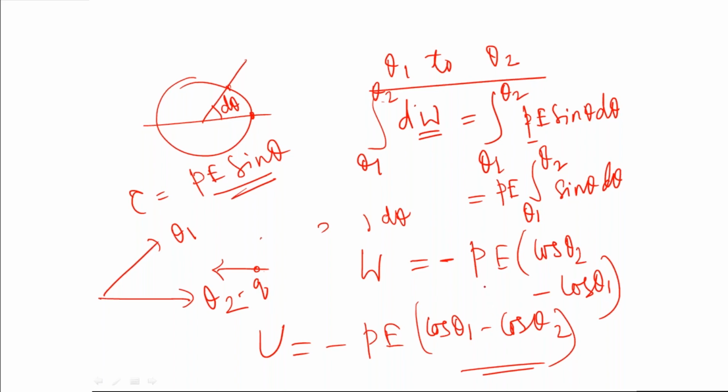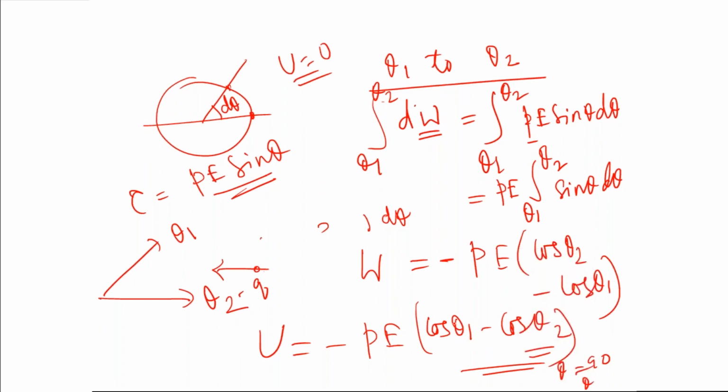So in this case, suppose my reference point theta 2 is 90 degree, then my cos theta 2 will be 0. Okay, and theta 1 I take as, oh, I'm sorry, this will be theta 2 minus theta 1.